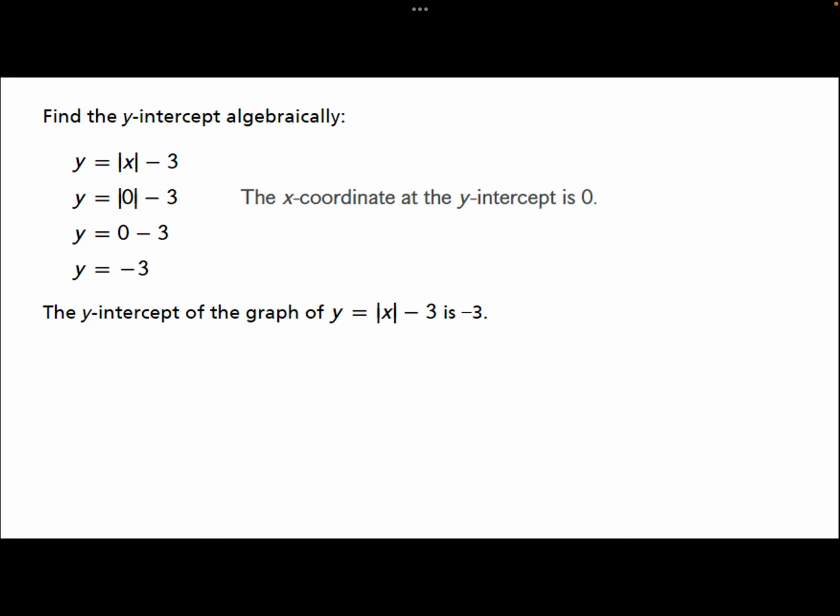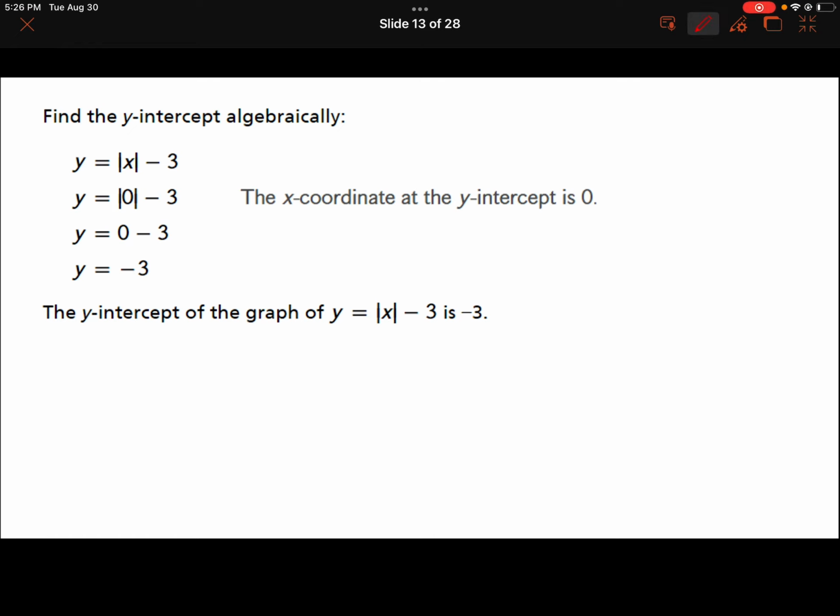So now we're finding the y-intercept. For the y-intercept, we plug in x equals 0. That's why we plugged in x equals 0. So 0 minus 3, y equals negative 3. Therefore, our y-intercept is 0, negative 3.